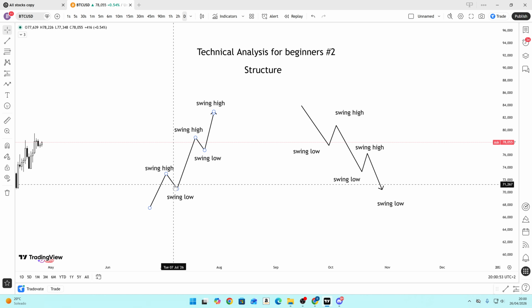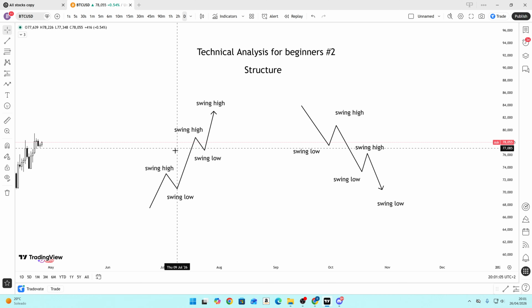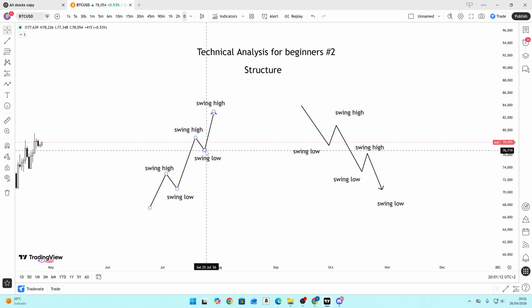This is going to be called the swing low. Then we have another swing high, which is the move that is delivering in the direction of the overall trend. And then there is a swing low, which corrects the previous move. It's a shorter move, for the most part. And we have the swing high once again.